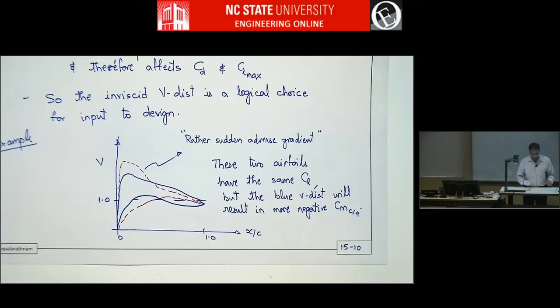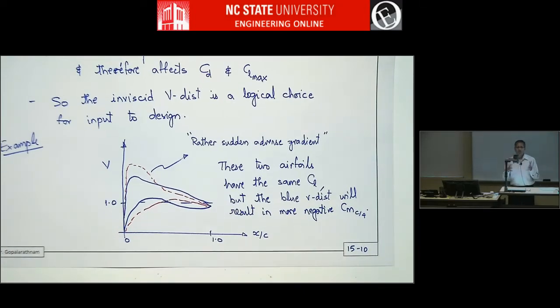This is the reason why inviscid velocity distribution is a good stepping stone to inverse design. Ultimately you would like something even better. Like you would like to say, I want this airfoil to have this much drag and get the airfoil shape, but that's many steps down the line. And it's also usually not practical.